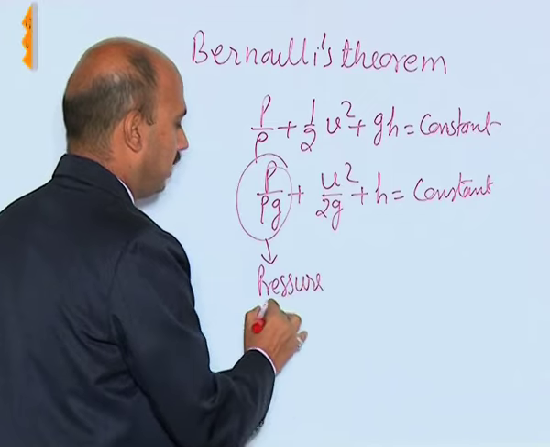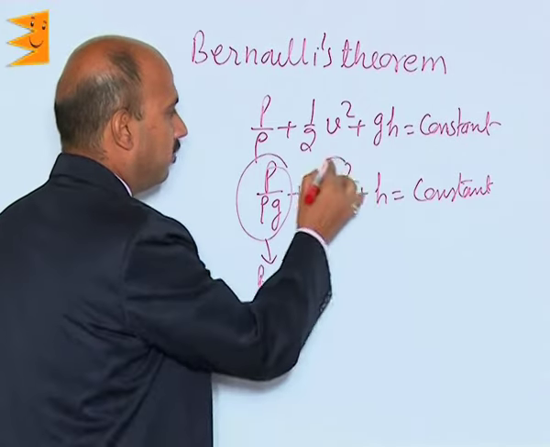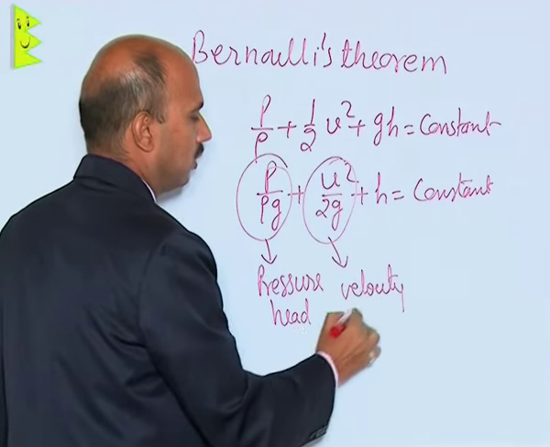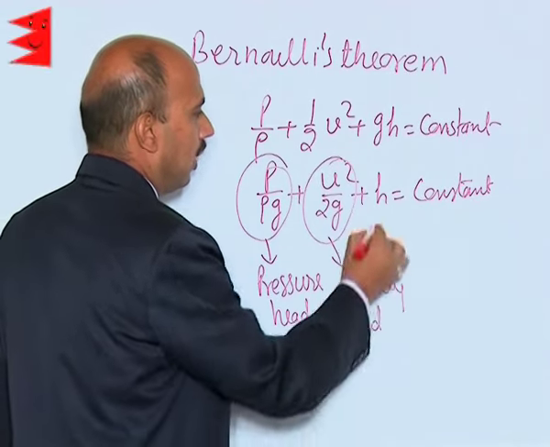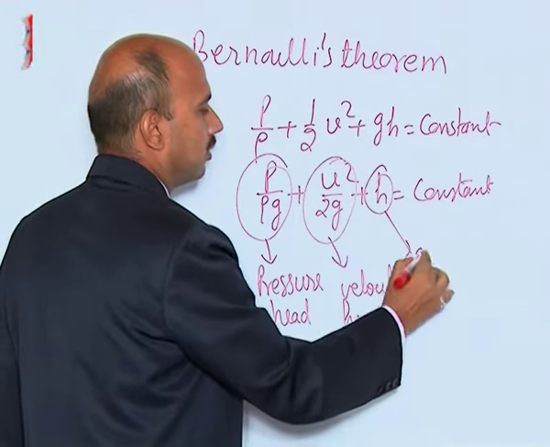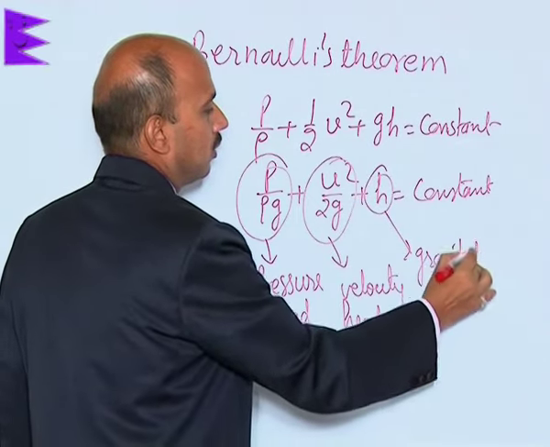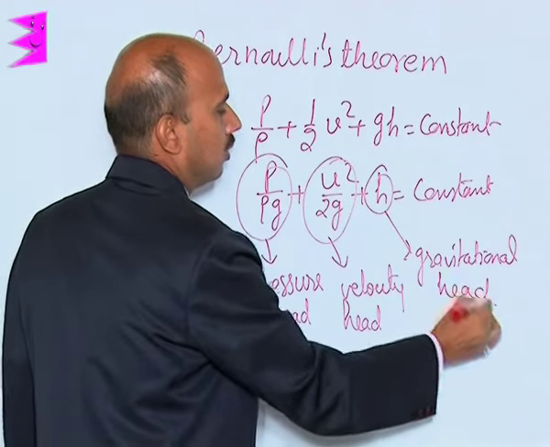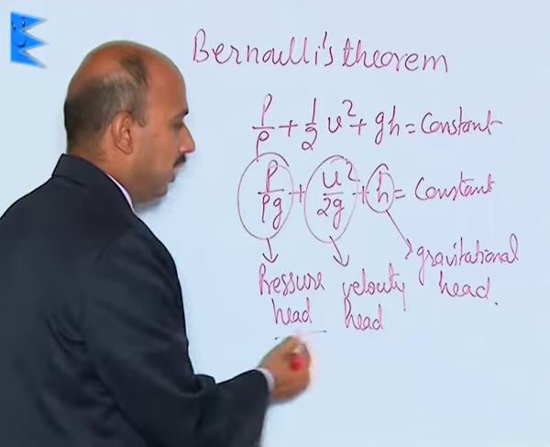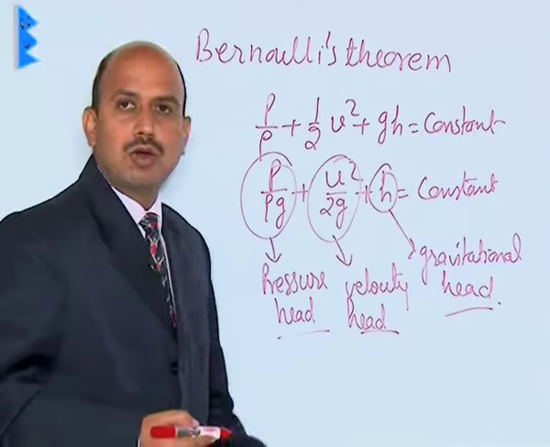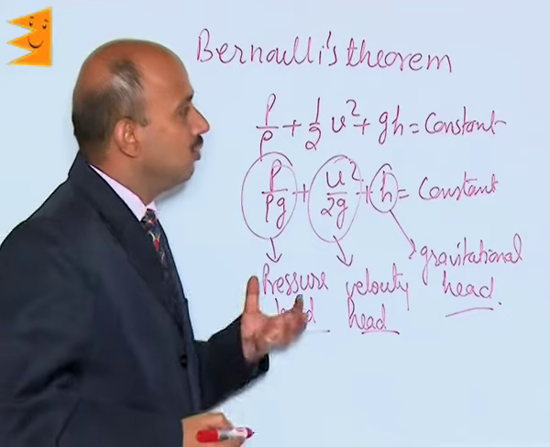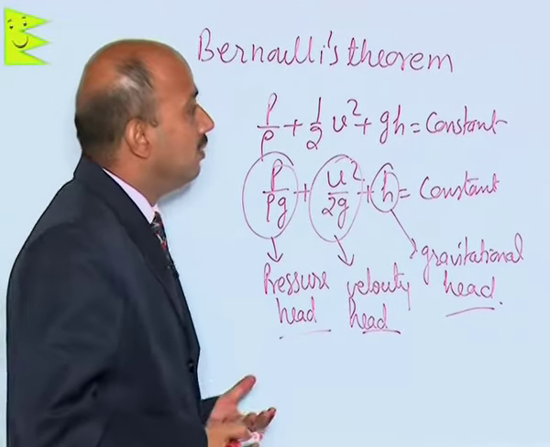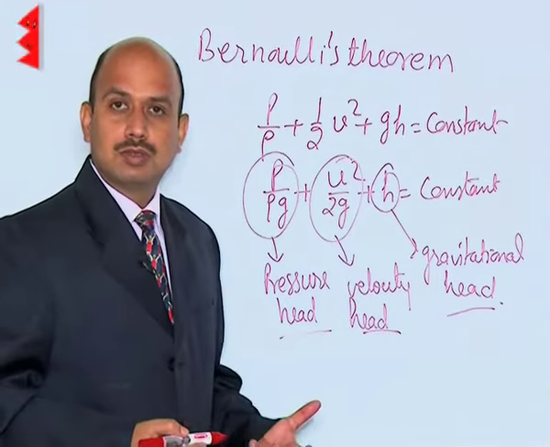This is called pressure head, this is called velocity head, and this is called gravitational head. All these heads have the dimensions of height. This is also part of Bernoulli's theorem, and we can also show that the total energy per unit volume remains constant.